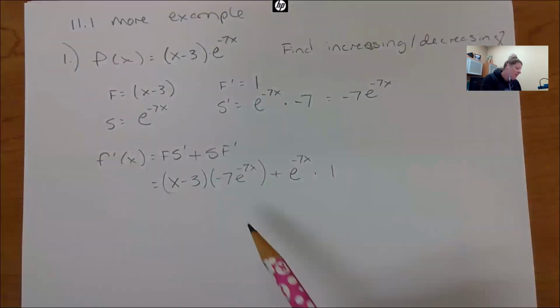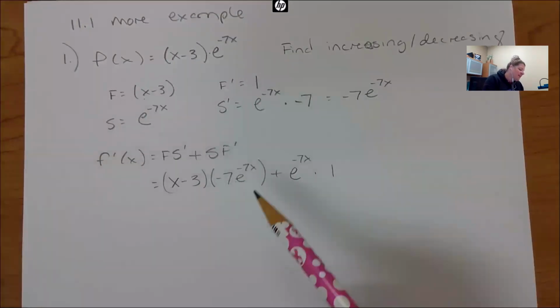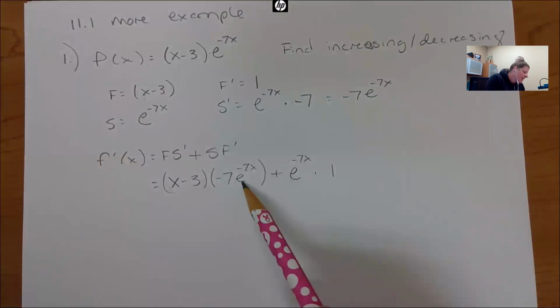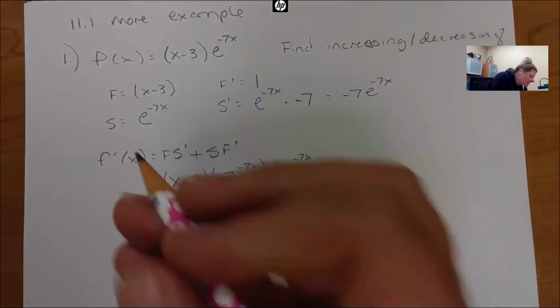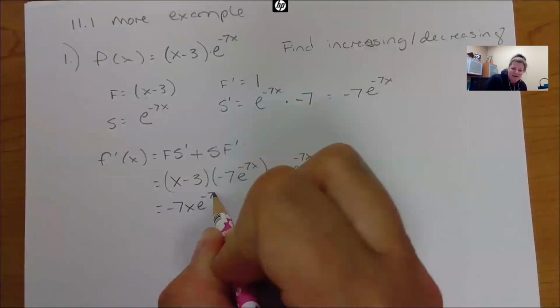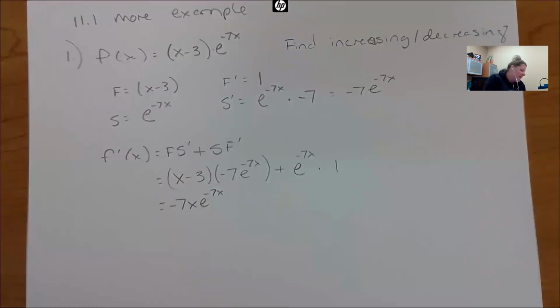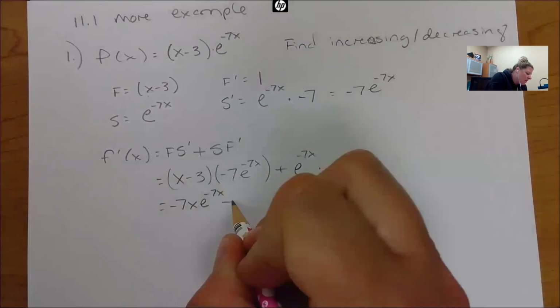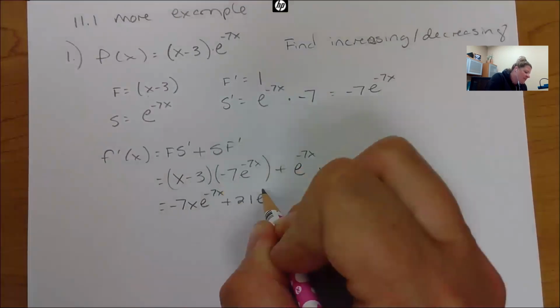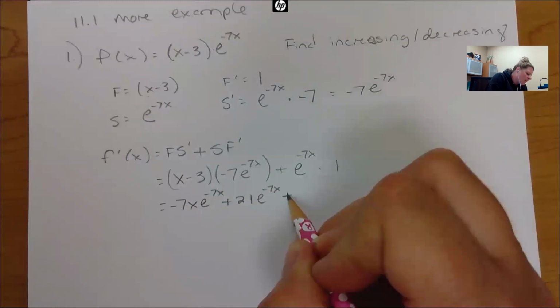This needs to be distributed and multiplied by both terms. So e to the negative 7x times x is going to give me negative 7x e to the negative 7x. Basically, you just keep the x in there because you're multiplying. Now, if I multiply negative 3 times this, I'm going to get a positive 21e to the negative 7x. Okay, and then over here, I'm going to have 1 times this, which is just itself.